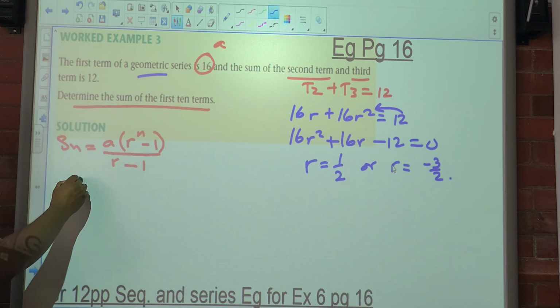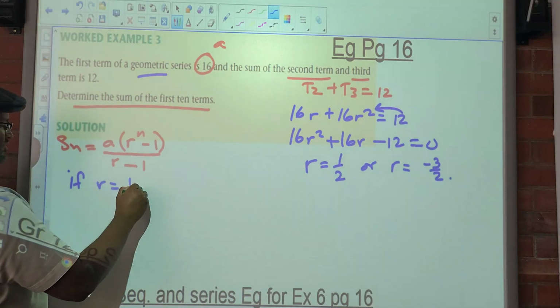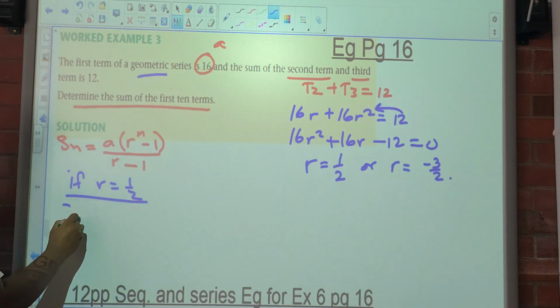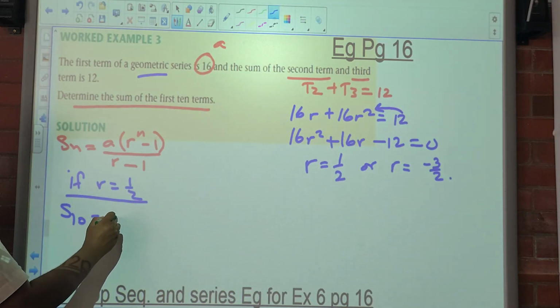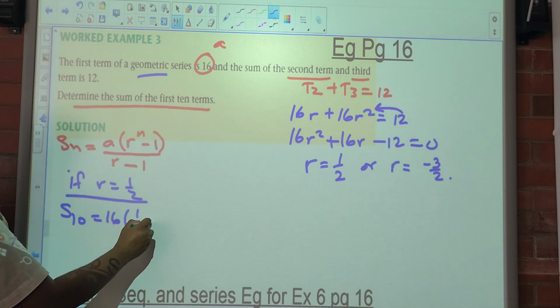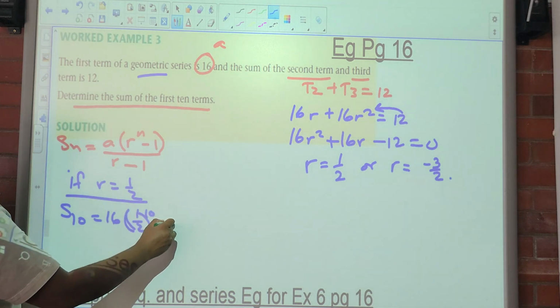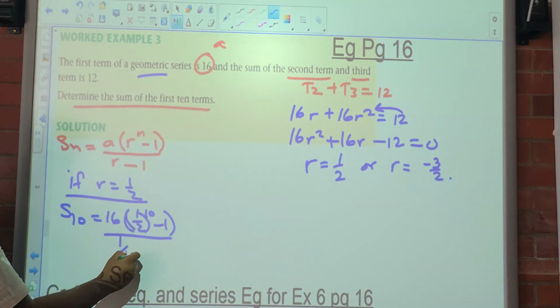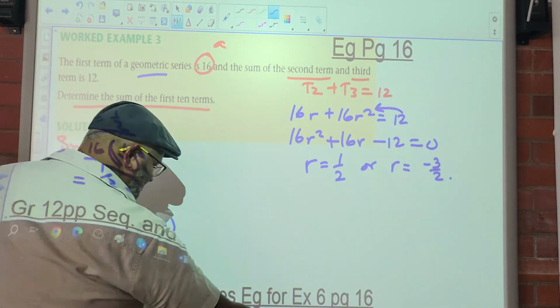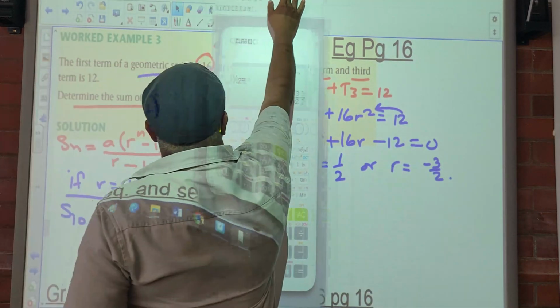So if r is equal to half, then S10 is equal to 16 into half to the exponent 10 minus 1 over half minus 1. So let me calculate it.